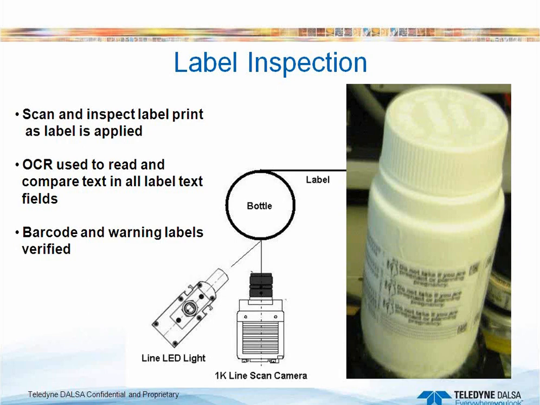As the product gets unwound, here's the label, it gets put onto the bottle, then the motion system gives us a trigger, and the camera starts acquiring enough pixels. I believe this was 1K by 3,500 pixels for the label. Once the whole label is acquired, we move to the processing.